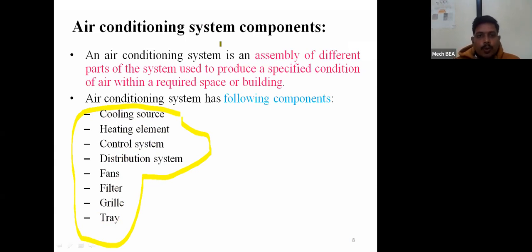Okay, so each and every air conditioning system will consist of all those components.